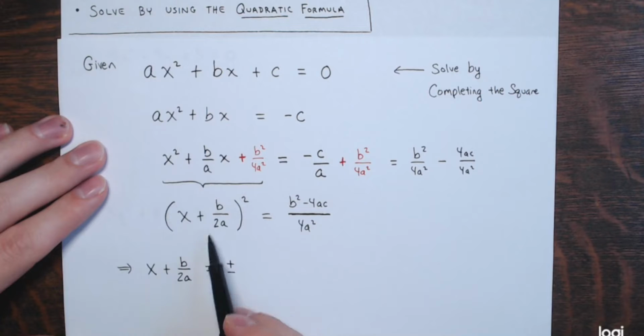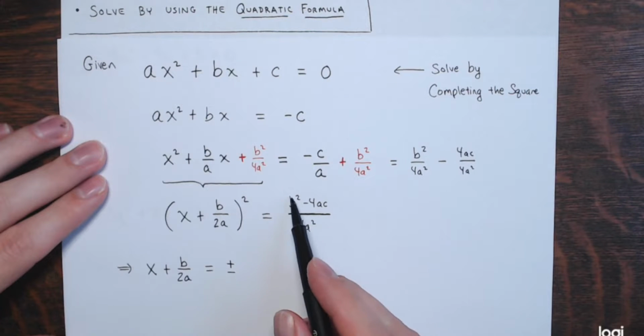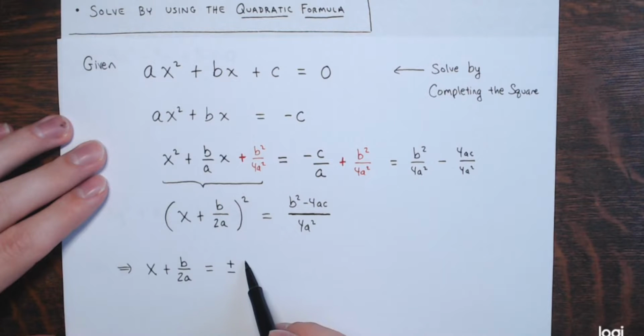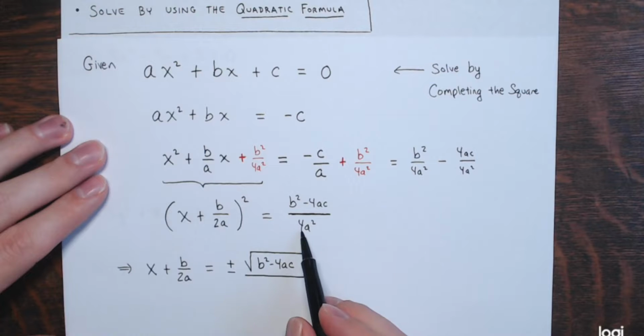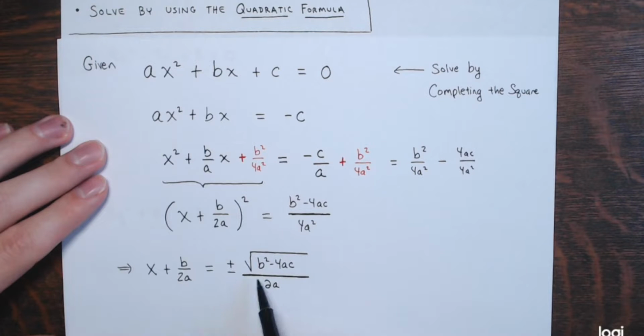This x plus b over 2a is either positive or negative the square root of this number, which if I apply the quotient property, the square root of the numerator is the square root of b squared minus 4ac divided by, and the square root of 4a squared would be 2a. Right. So again, make sure this fraction bar is big enough so that you know that the 2a is not inside the radical.